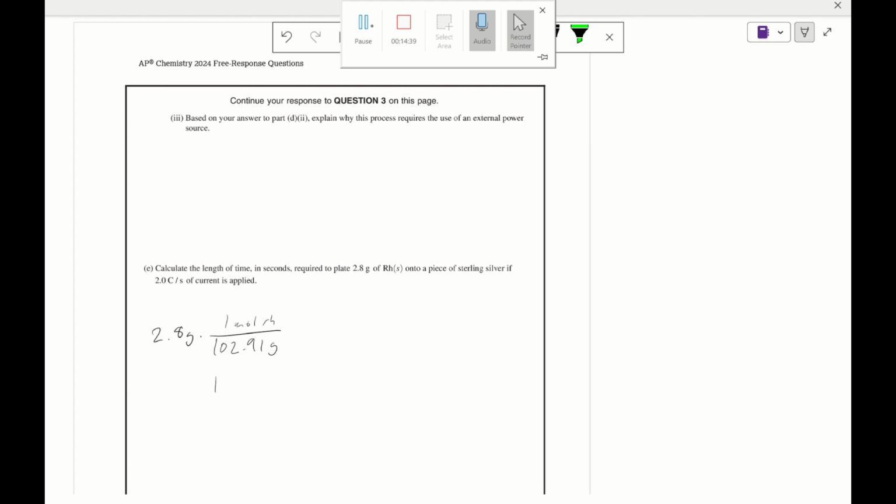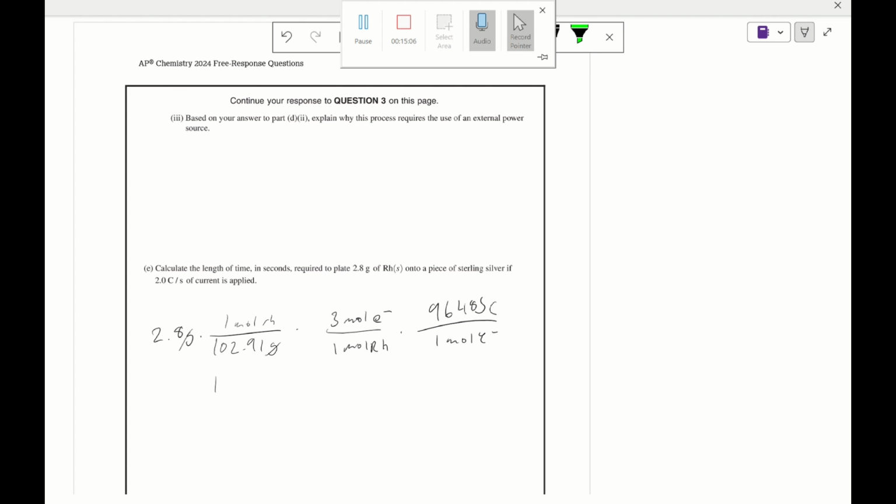And we know for each mole of Rh there are 3 moles of electrons, and each mole of electrons is 96,485 coulombs, Faraday's constant.